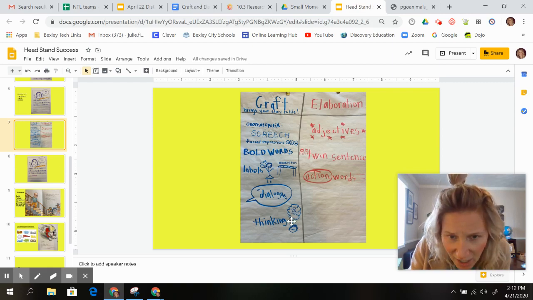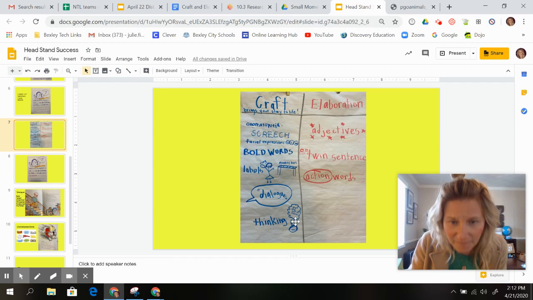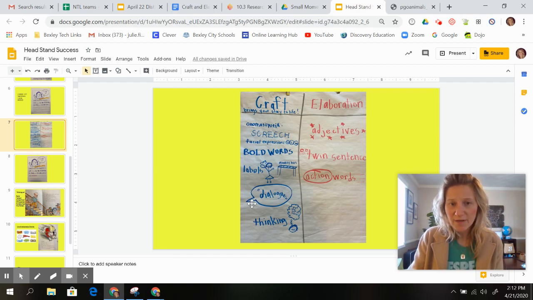And this is a thought bubble that says, "Get me out of here." So a dialogue bubble or a dialogue symbol in the illustration looks like this, but a thinking bubble looks a little bit different. It's got 3 dots coming out of the person's head, and then it looks like a cloud, and that means somebody is thinking. So you might decide to add some thinking into your stories today.